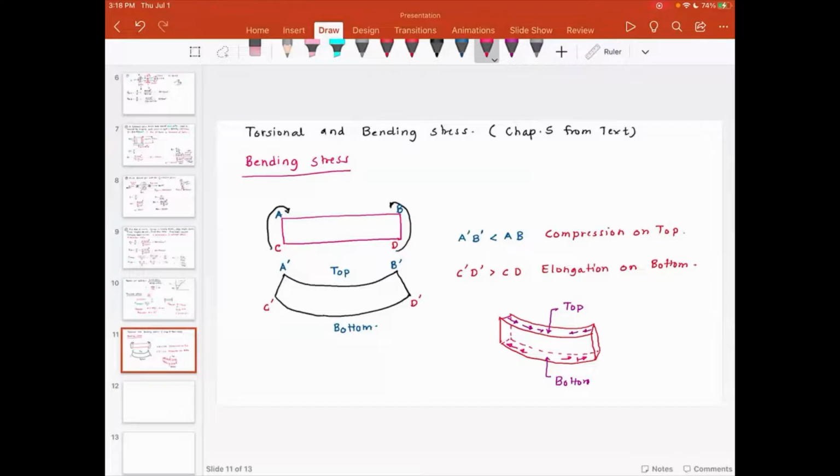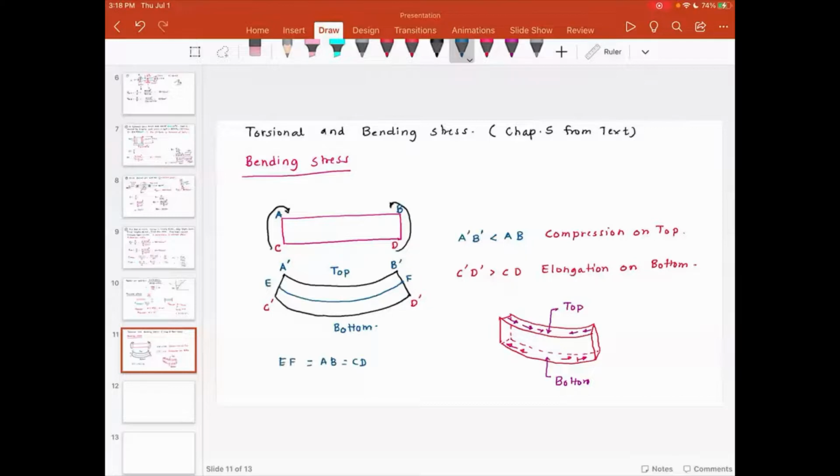What it means is there would be one fiber where the beam will neither be stretched nor be compressed. I'm going to call this EF. So EF is equal to AB is equal to CD.